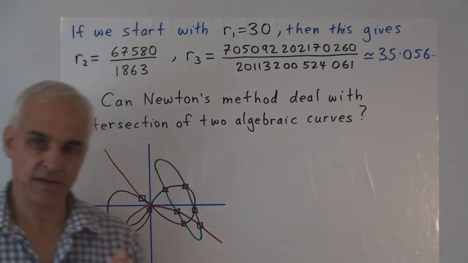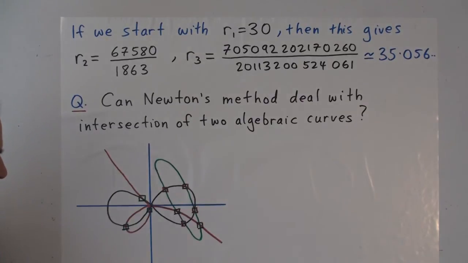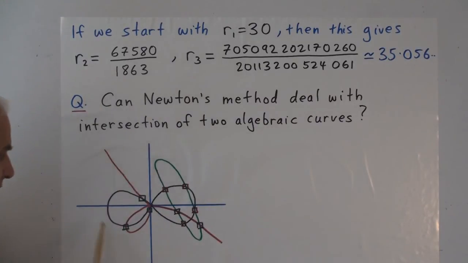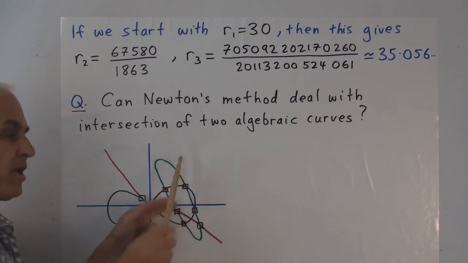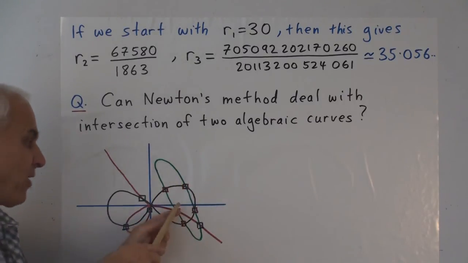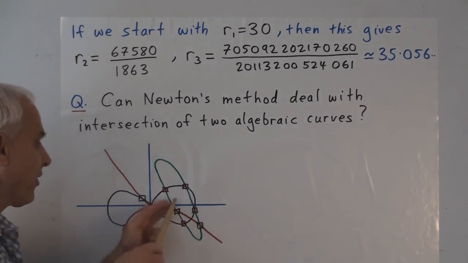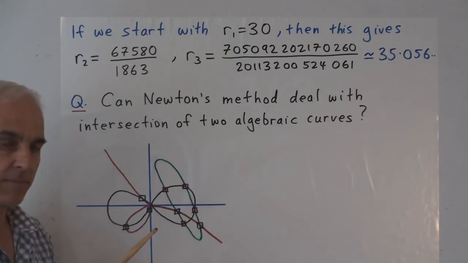At first it seems as if Newton's method is not going to work here, because Newton's method involved a functional approach: we have a value of r on the x-axis, and then we go up. We compute the function's value at r, or the polynomial's value at r, because we've only been talking about polynomials, and then we look at the tangent line at that point.